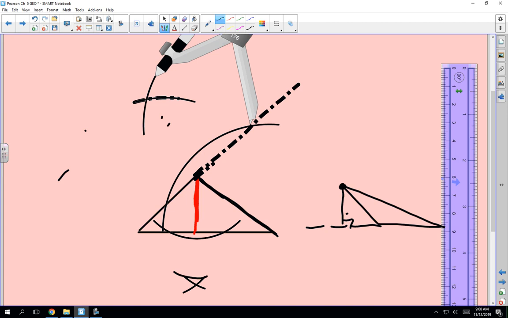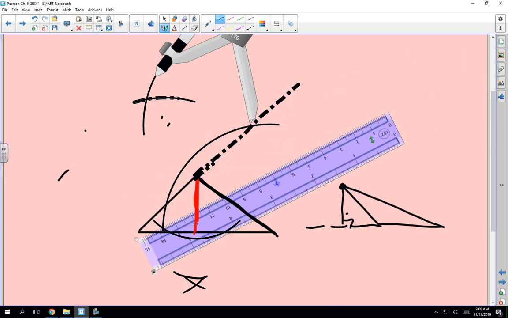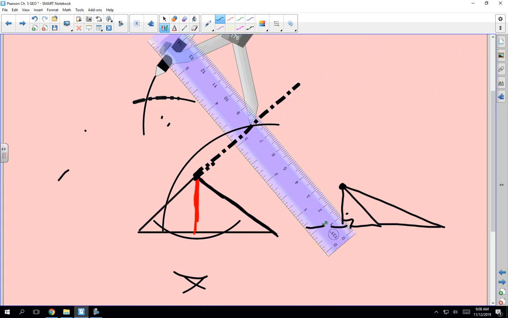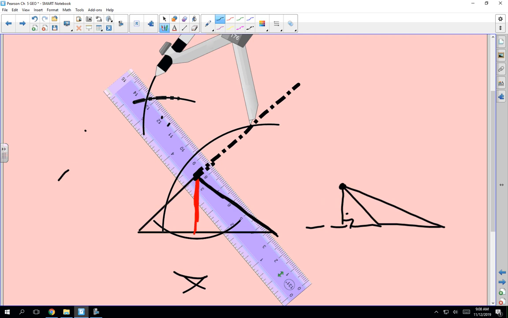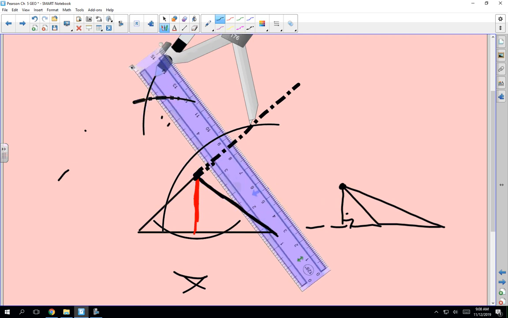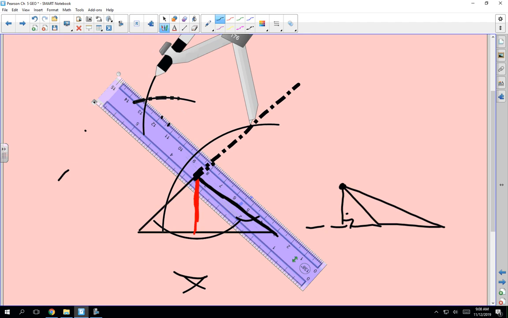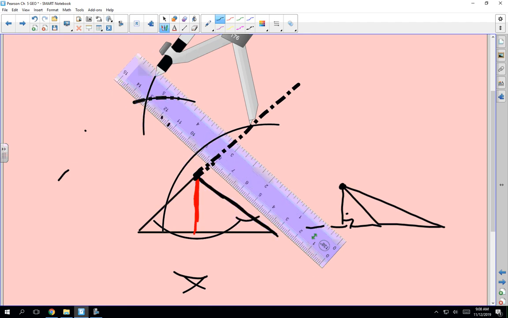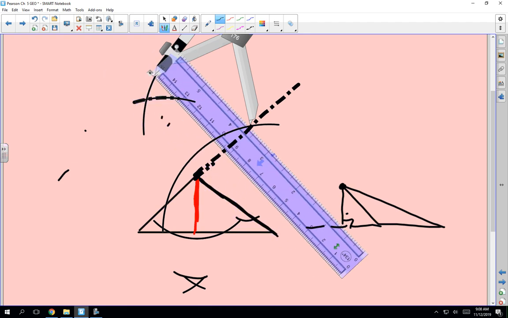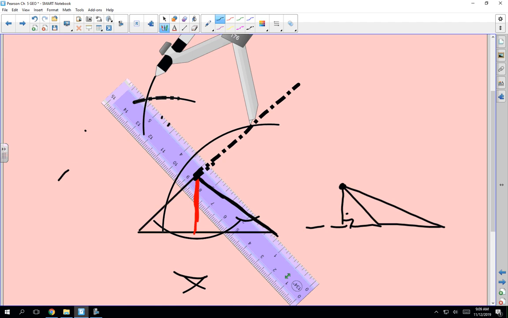I mean, that can happen. So if I connect this on through here, if I can get it to line up, that's close. Ooh, that's close. So my altitude goes like this here.